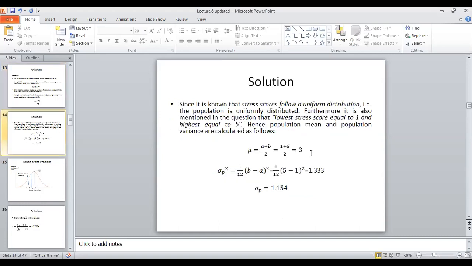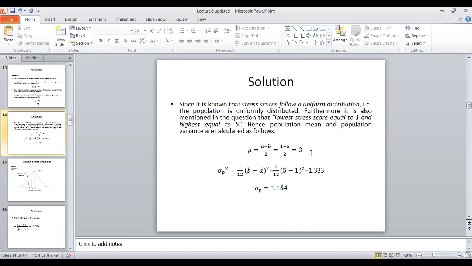Since it is known that stress scores follow a uniform distribution, as given in the question, this basically means that the population is uniformly distributed. Furthermore, it is also mentioned that the lowest stress score is 1 and the highest is 5. But please be careful in solving this question, because here you are not concretely provided with the population mean and the population standard deviation.